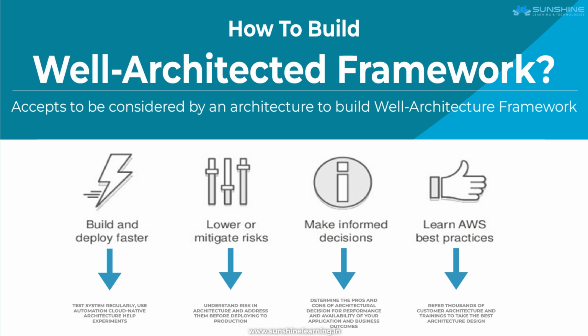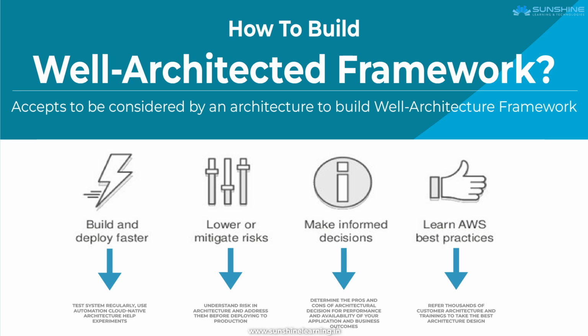Then we should be able to make informed decisions. We should be able to determine the pros and cons of the architecture decisions for performance and availability of your applications and business outcomes. Then we should also learn the AWS best practices and recommendations.